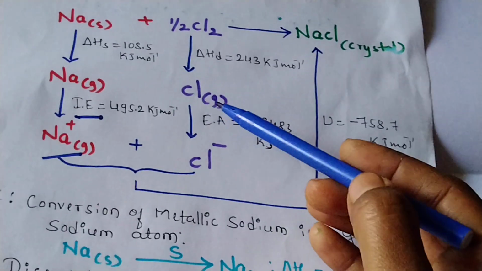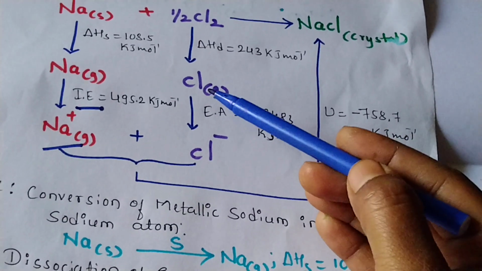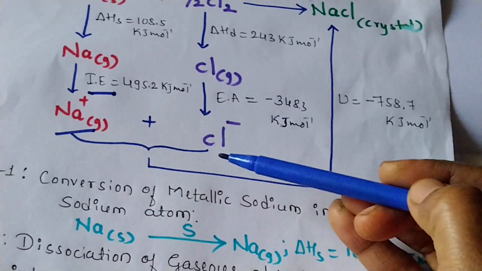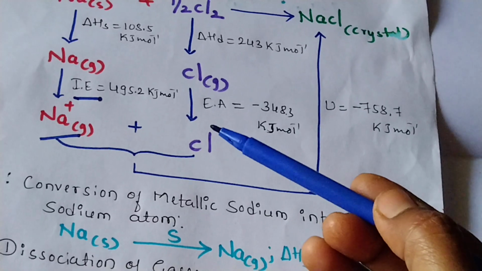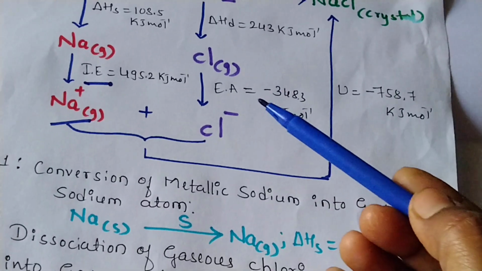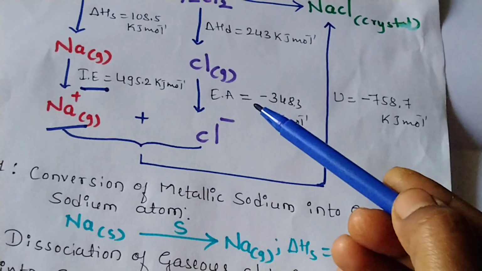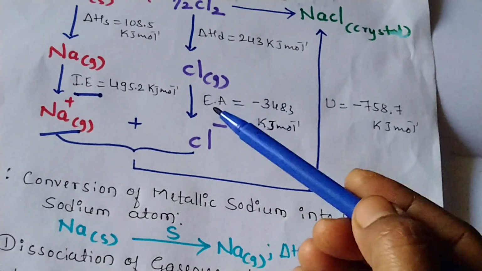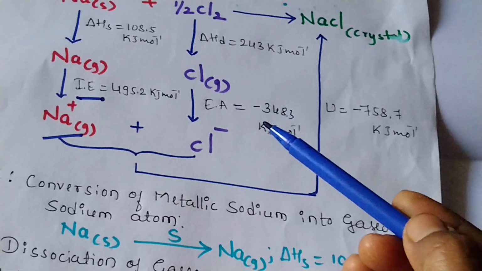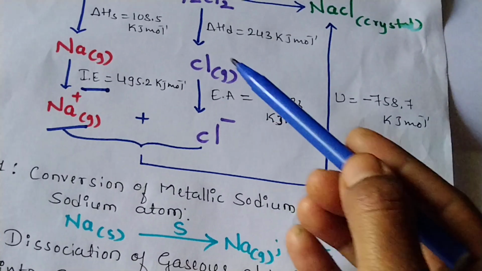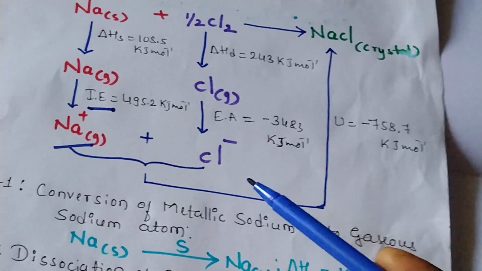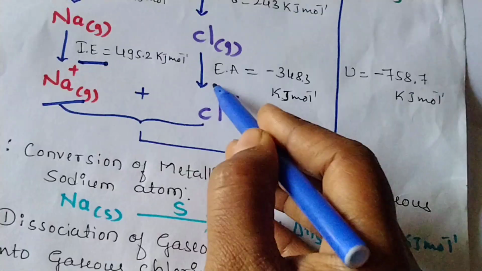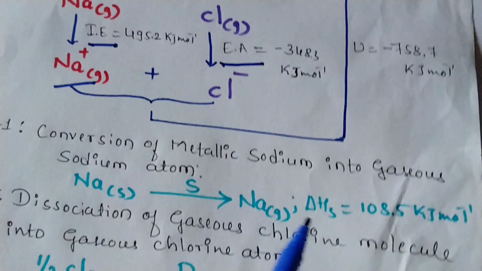Then the fourth step, the conversion of a gaseous chlorine atom into a chloride ion. Here we are not requiring energy; the energy is released when a gaseous chlorine atom is converted into a chloride ion. That energy is called electron affinity.